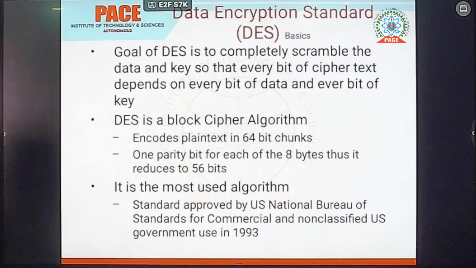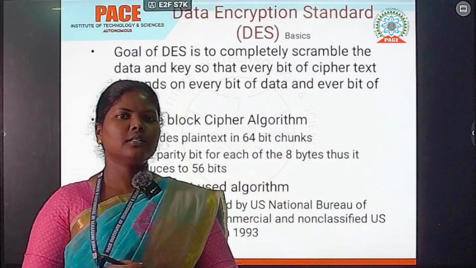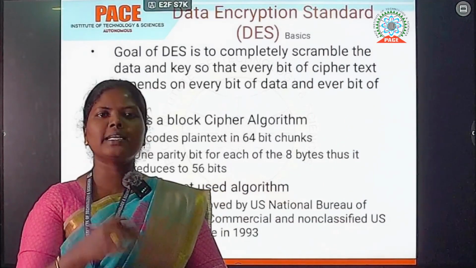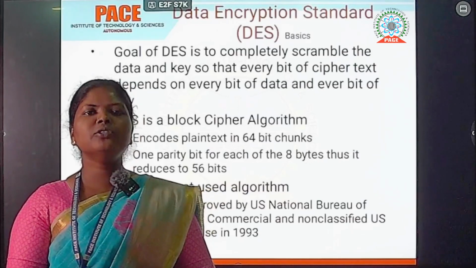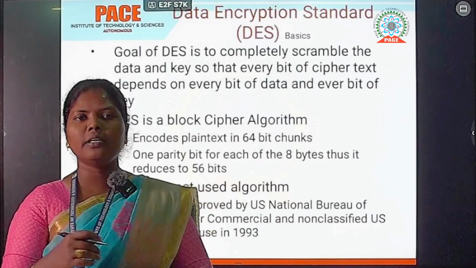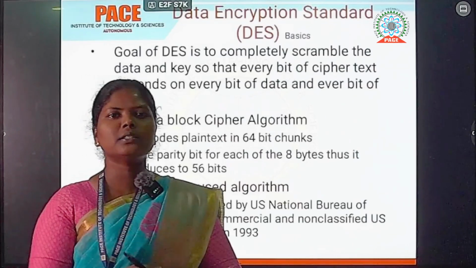It is the most used algorithm in our daily life. DES has versions. By using a single key, it is called simple DES. By using two keys, it is called double DES. By using 3 keys, it is called triple DES.